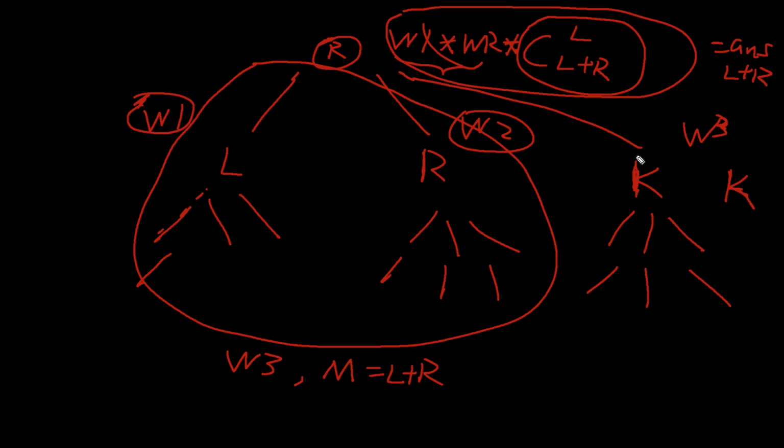Now we can use this to merge with the next subtree. Oh, this one is W3, okay. Maybe I should use W4 here. So we have W4 times W3 times C(M plus K, K), or either K or M. This one is fine.